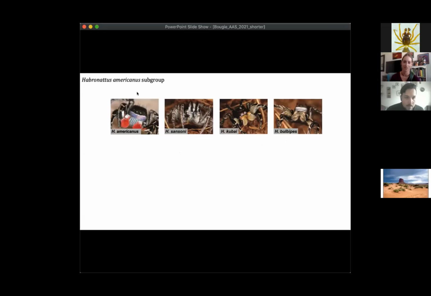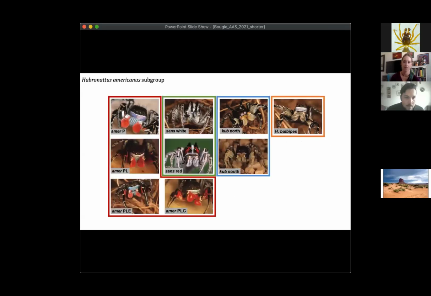What makes this particular group interesting is the number of different forms that each of these described species has. Americanus has four different forms, Sansinae has two, cubae has two, and bulbopes. There are probably certainly more than just these forms listed here. So there's a lot of morphological diversity.